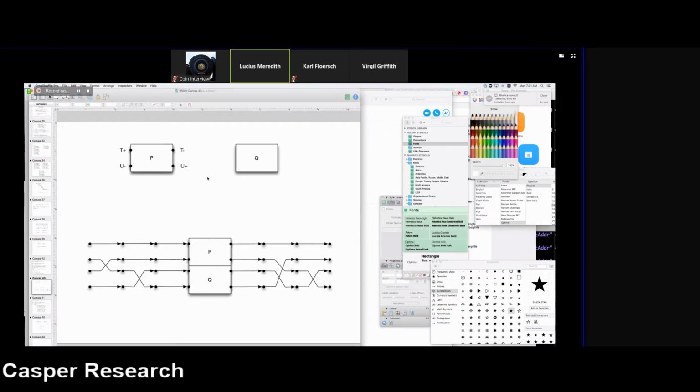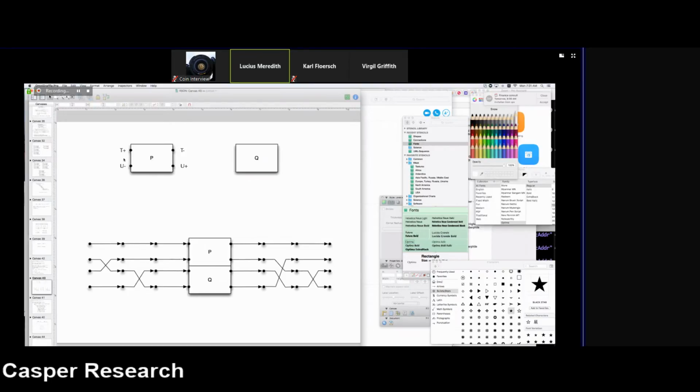Okay, and then over here, think about it like this. P can only read on the negative polarity forms of the names and write on the positive polarity forms of the names.